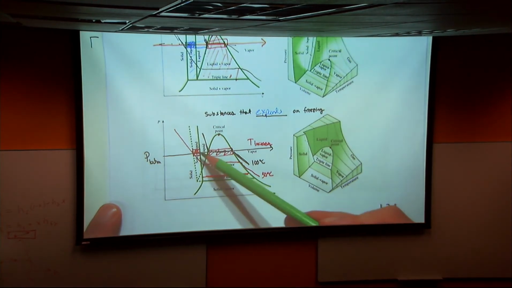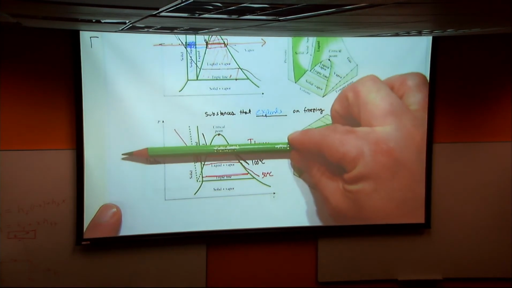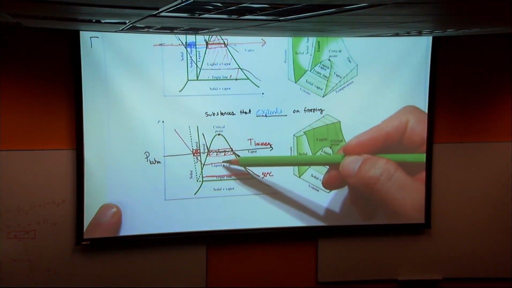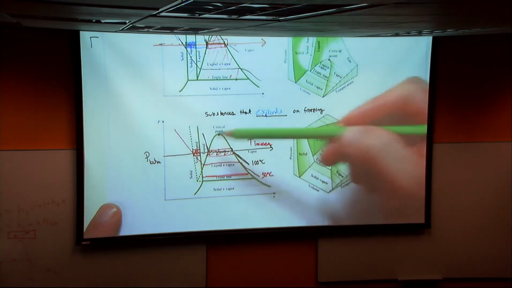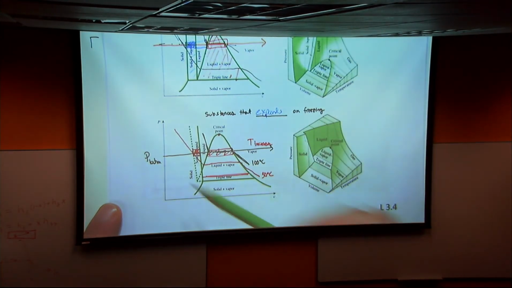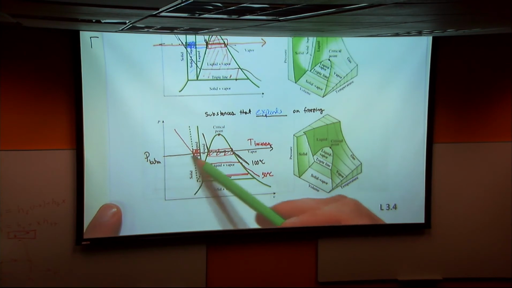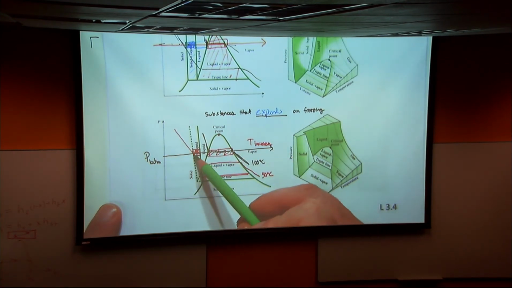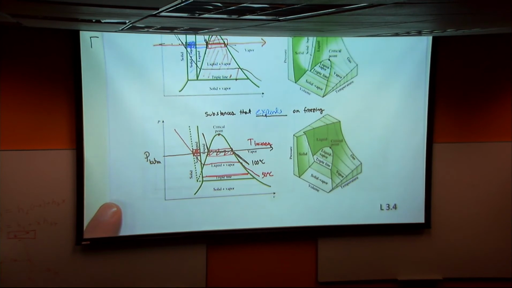So if I'm at constant pressure, anywhere along this line, I can increase the temperature. So this is as T increases. Like right here, this point represents 50 degrees C, and then this point here represents 100 degrees C.